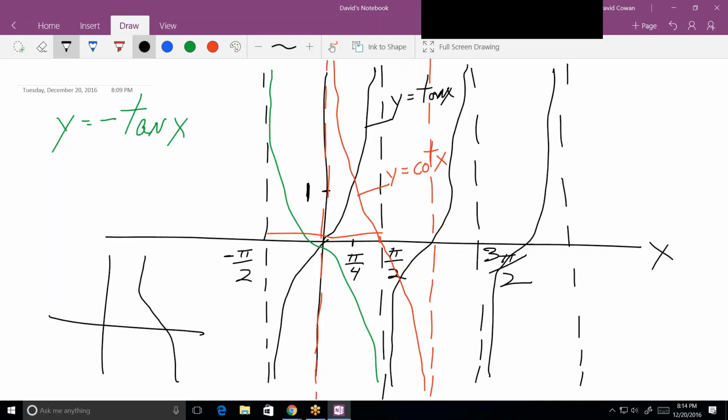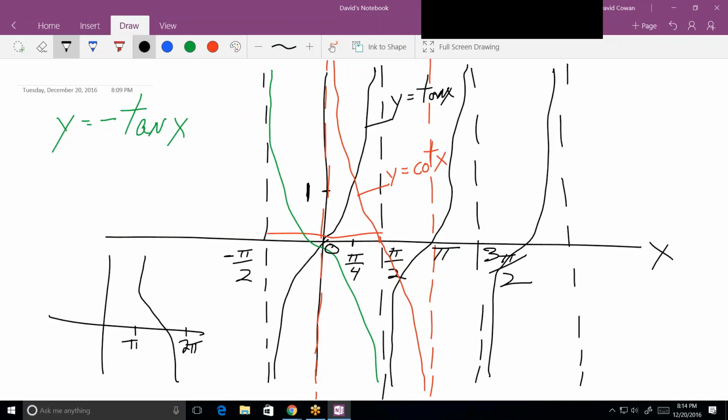The red curve goes from 0, the origin, to pi. So if I saw a curve like this, and it's labeled pi there and 2 pi there, I know that's a cotangent curve.